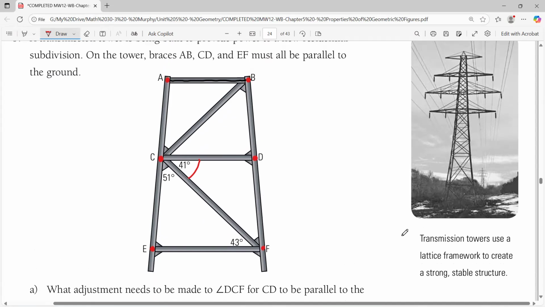Okay, so it's hard to see it right away. So I'm just going to redraw C to D and E to F. And I'm going to take the cross piece and cut through, but I'm going to leave some room.